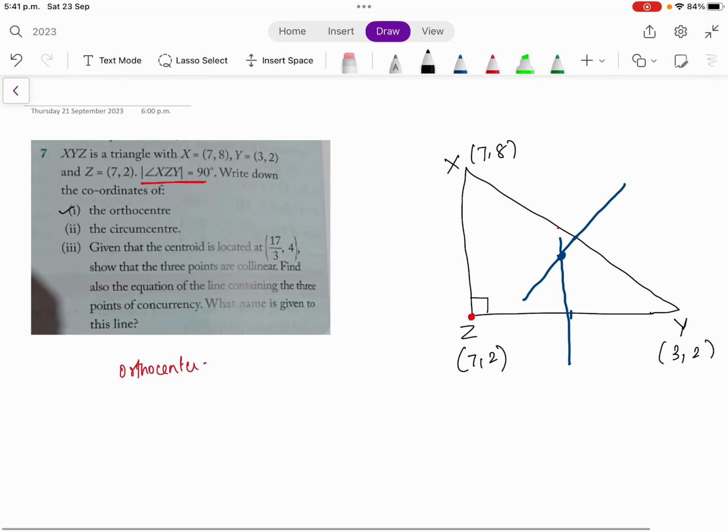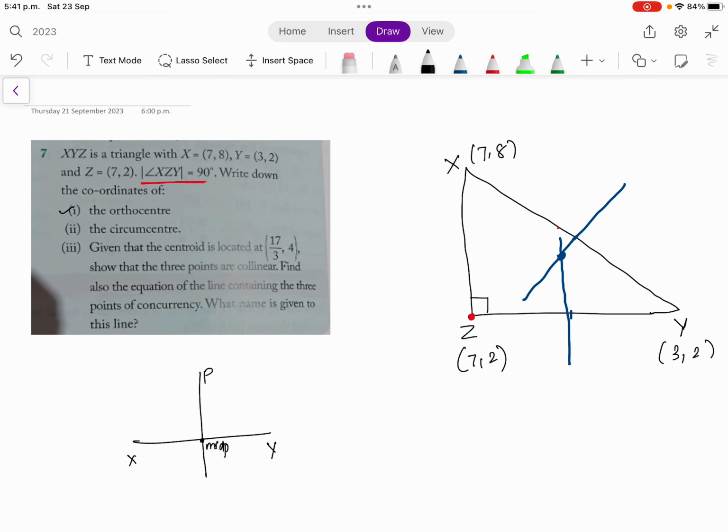So for that, you need to find the midpoint of XY. Given a line XY and a perpendicular bisector passing through its midpoint, how will you find the equation of this line? Say this is PQ. The method is you find the slope of XY, and then you take the negative reciprocal of the slope.